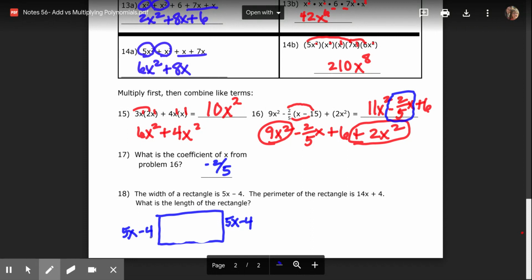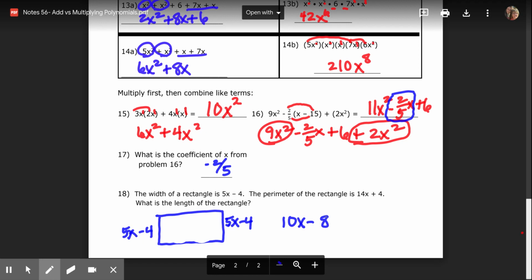So first of all, I think what I'm going to do is combine the widths. So I have 5x and 5x make 10x, and negative 4 and negative 4 is negative 8.